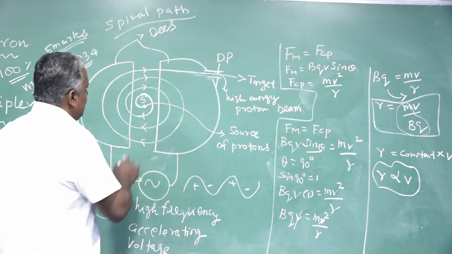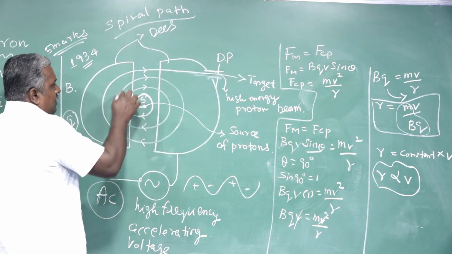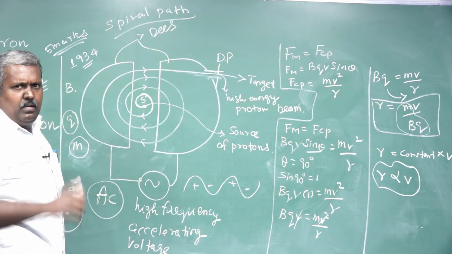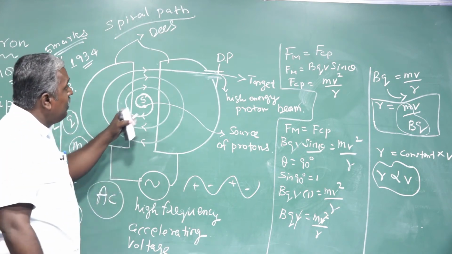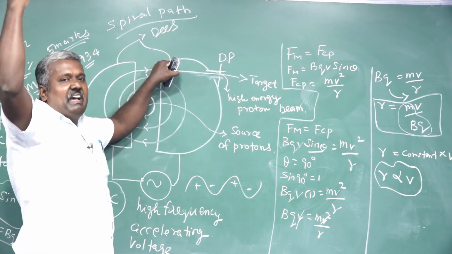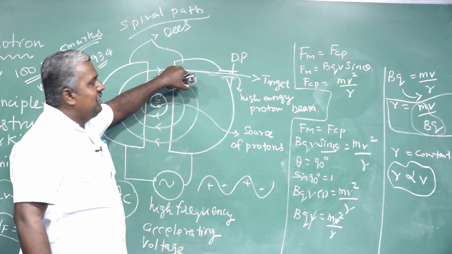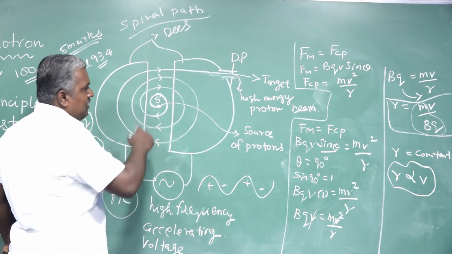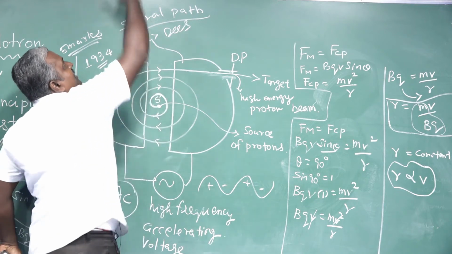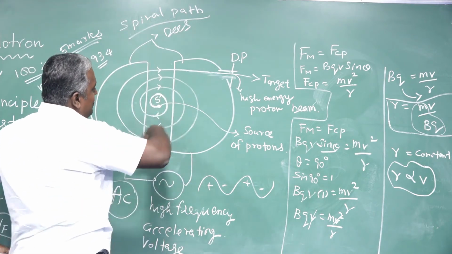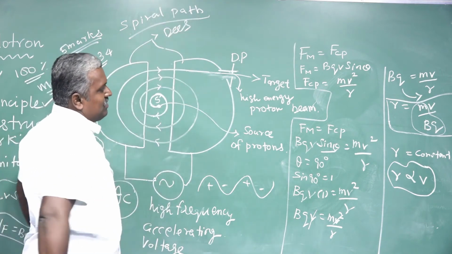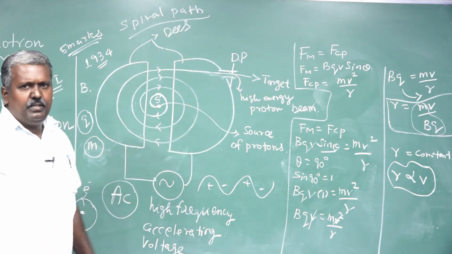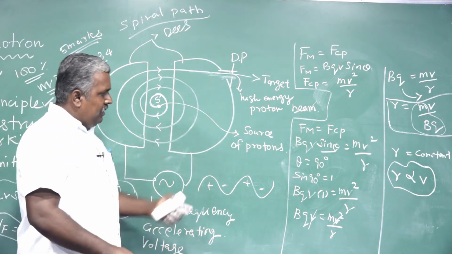What is the meaning of this? Listen. Like this: the starting velocity is low. As I come here, the velocity will be very high, at this point, the edges of the D. So velocity increases and radius also increases. The radius of the circular path increases, and the velocity of the positive ion also increases. r is directly proportional to v. Clear? Any doubt?